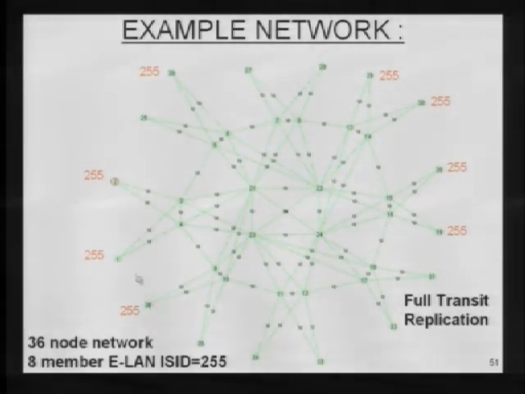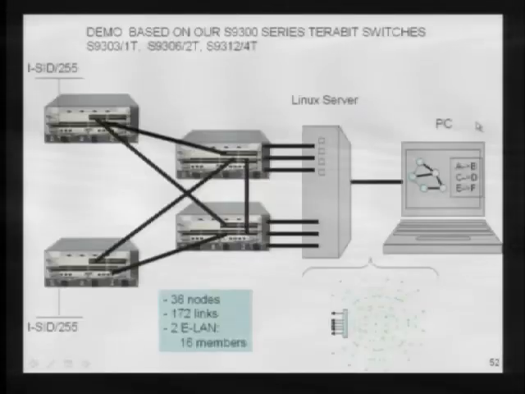And I have configured this service 255 as I've shown here around the edge. And this is physically what I have in my lab. I have 4 of our smaller terabit switch routers with these services coming in on these ports here, and this dual home type connectivity to these two other switches.